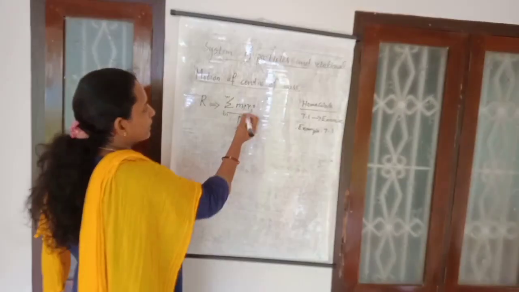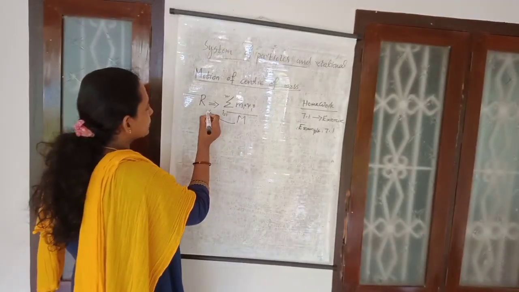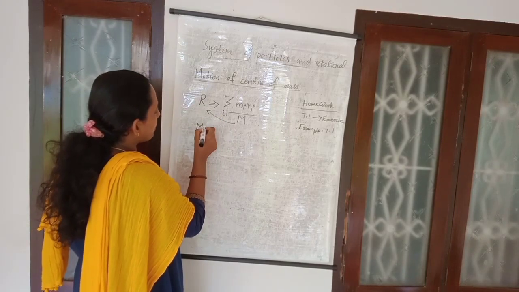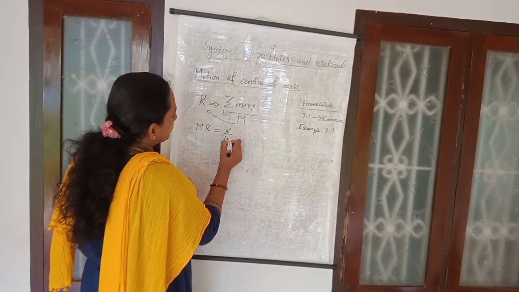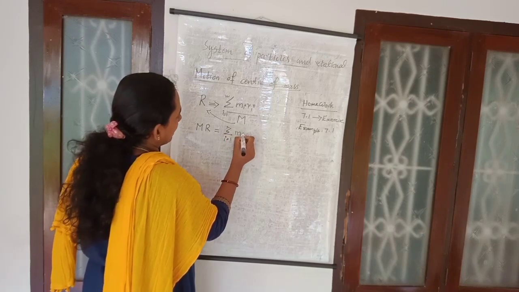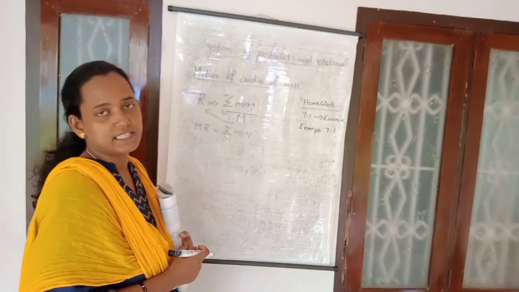So we can write M R equals sigma, i equals 1 to n, of m_i r_i.